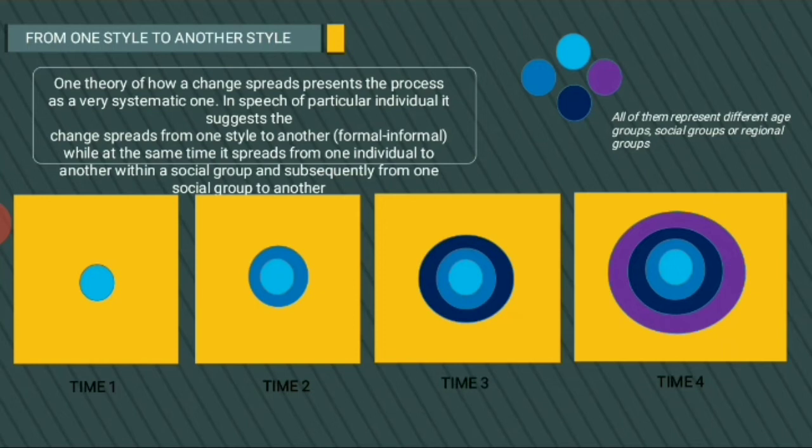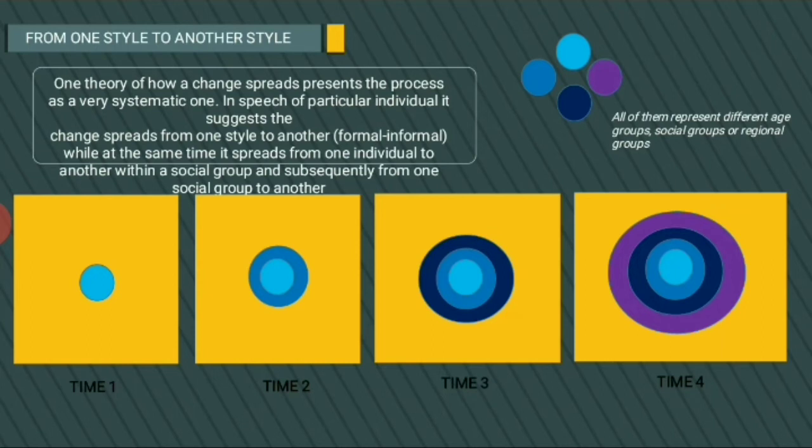And then in time 3, it adds one more social, regional, or age group of communications. And then in the last time, it becomes a bigger community of language. So we can see here that the style used in the community is different from time to time, for example, the formal and informal situation.